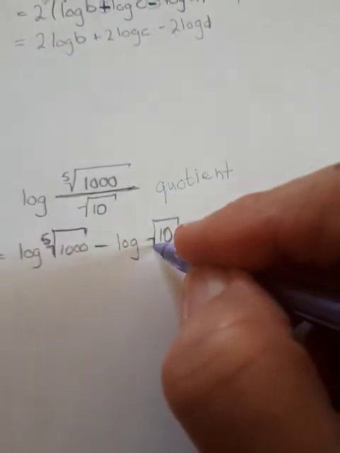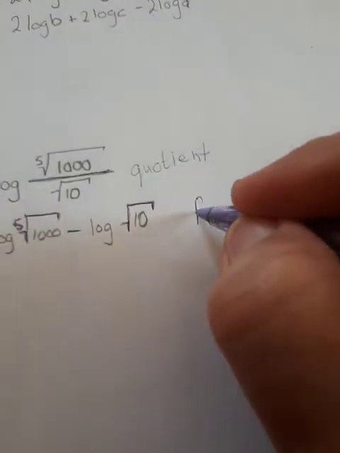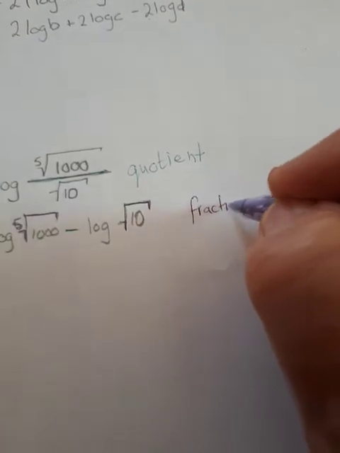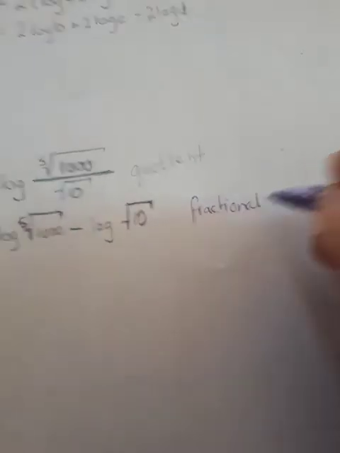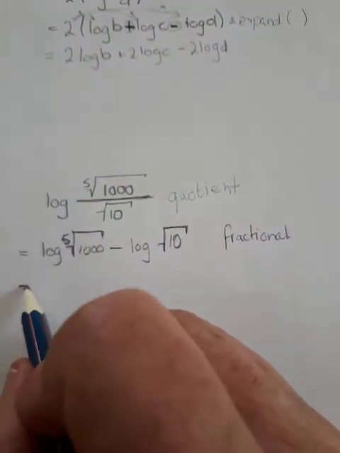If you look at what you have now, you should see that we've got the roots. One is the 5th root, the other one is the square root, and that refers to fractional indices, isn't it? So we are going to change that to fractions.